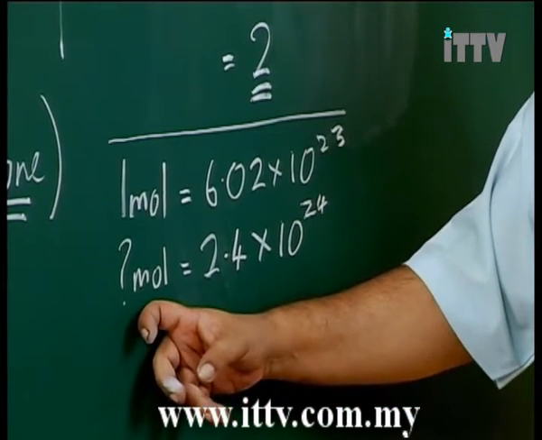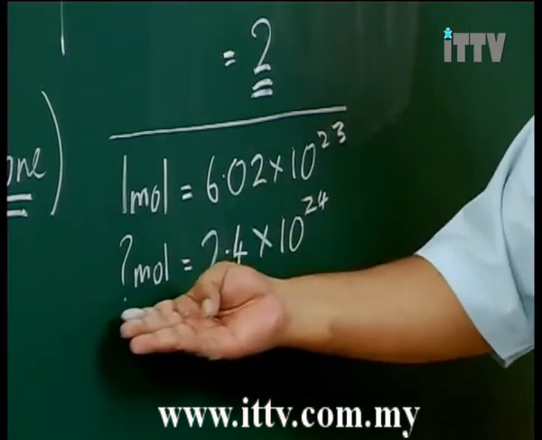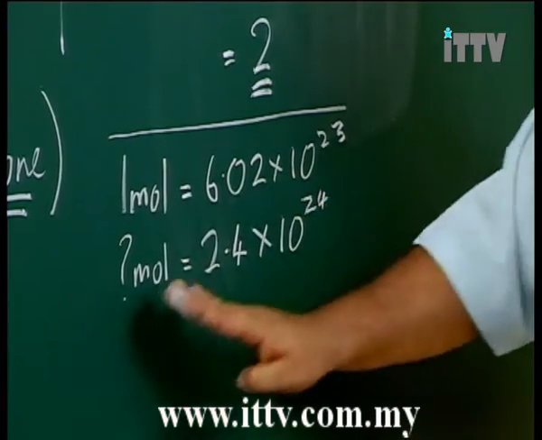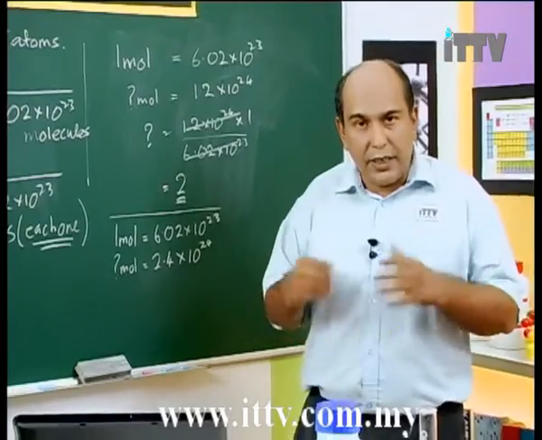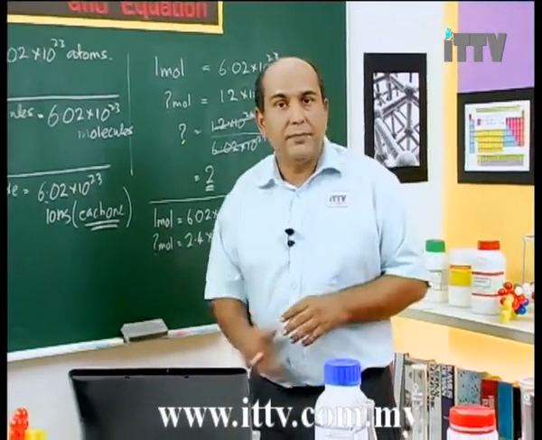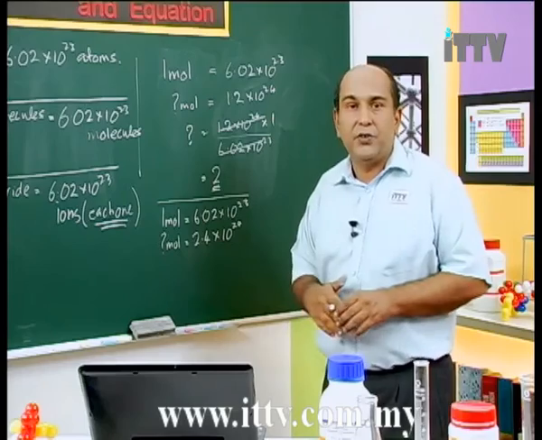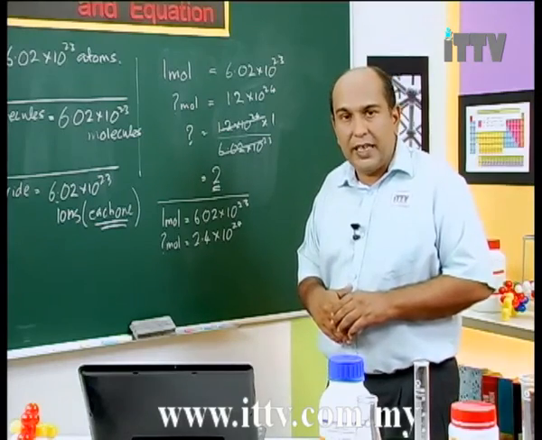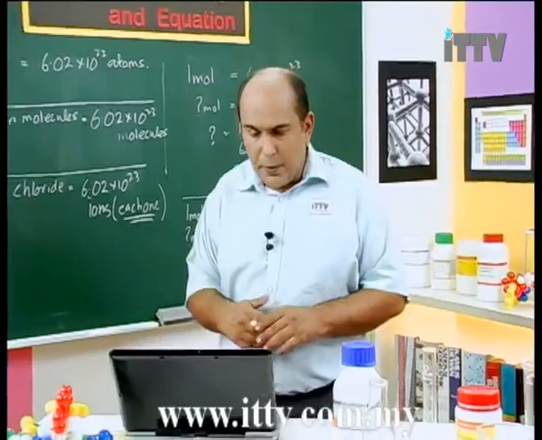To find it, do a simple cross multiplication. Bring this value up, bring this value up here, and take this value down here. Please do the cross multiplication. Get your calculator and practice it. Okay, remember, cross multiply these two values and you should be able to find the answer. Have you done it? Good.